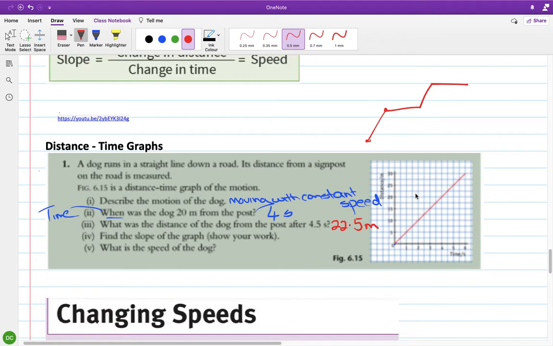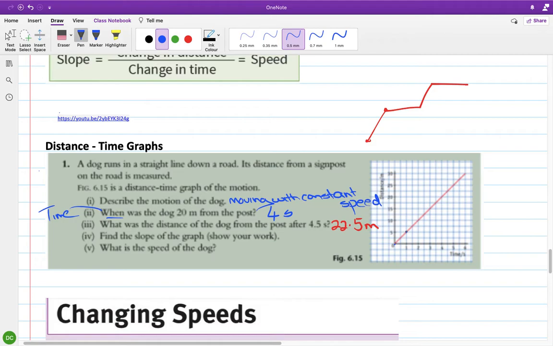When you're doing the slope, you can use the entire line or you can use part of the line. That's up to you, okay? We did this when we were doing patterns in maths. You can choose a point near the start of the line and a point near the end of the line and create your triangle, or you can just do the whole line. Okay, it doesn't matter, especially for a line like this. It's not going to matter because it's the same.